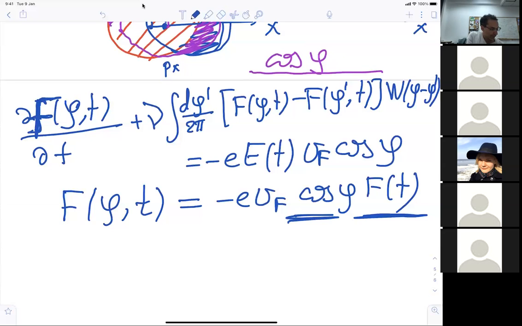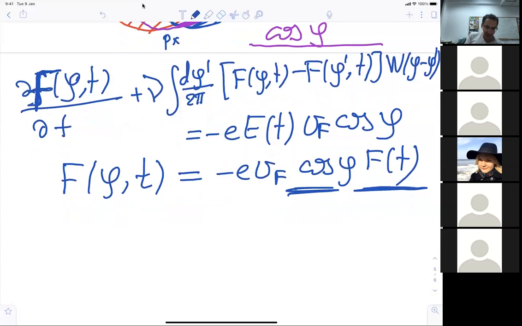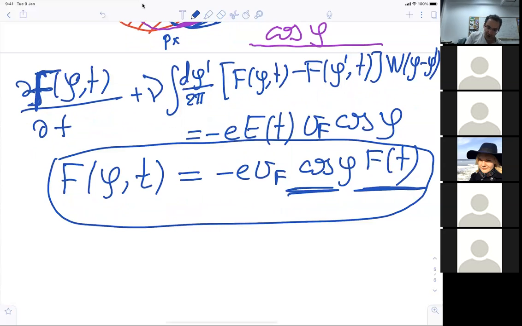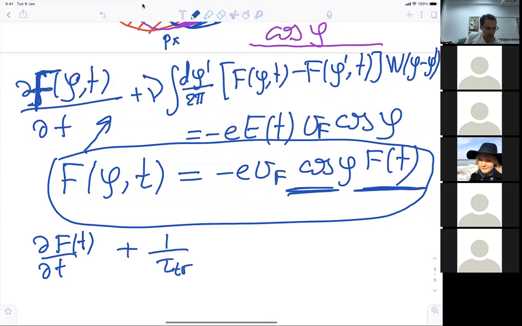It yields a transport time. So the equation, if we plug this f in this form into the equation above, we get df as a derivative with respect to time plus 1 over tau transport f as a function of time.